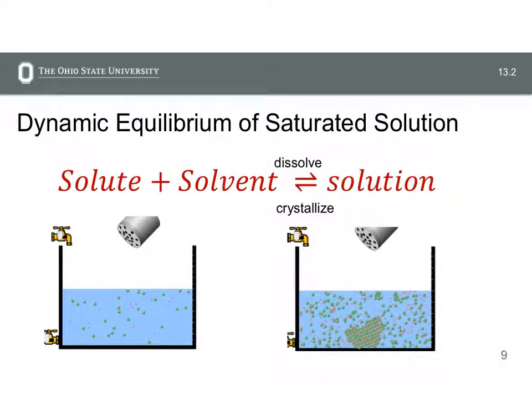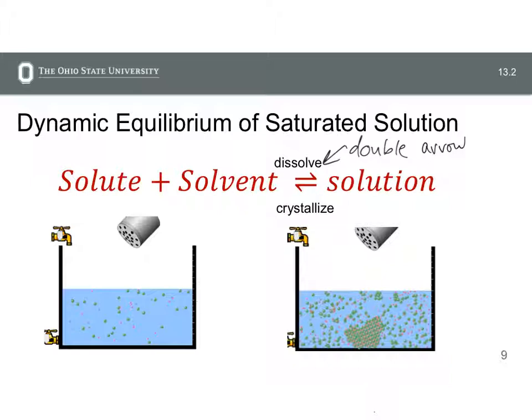So here's a reminder of what we saw in our simulation, and a very generally written equation that is going to be representing dynamic equilibrium in solutions. We've got solute plus solvent, in this case water, in equilibrium with our solution. This double arrow, you're going to see a lot of these.